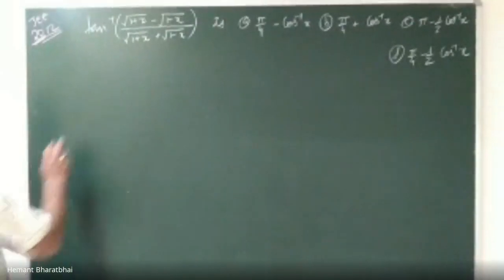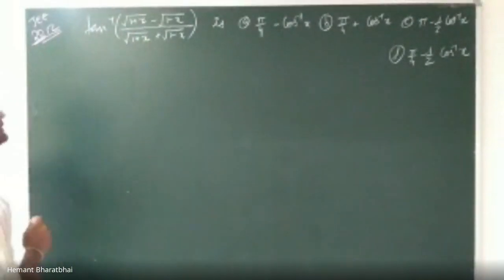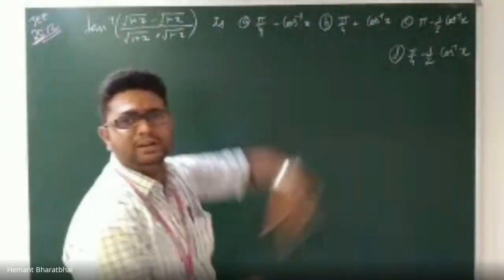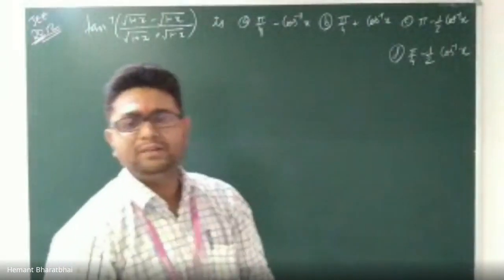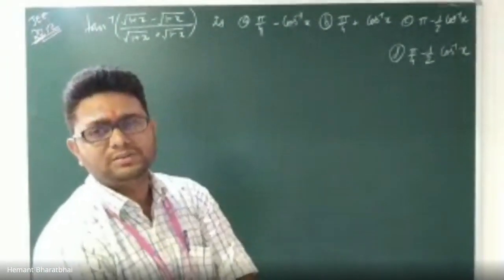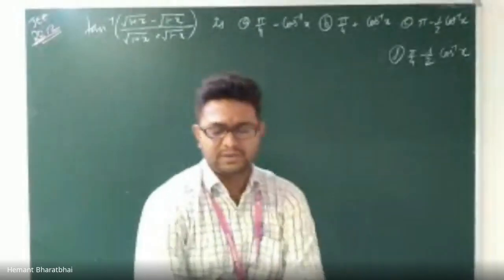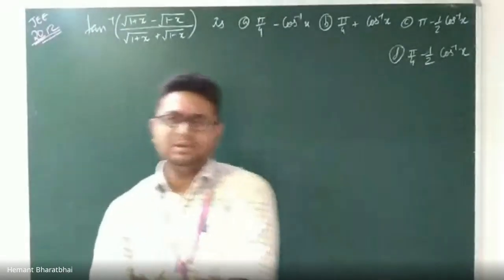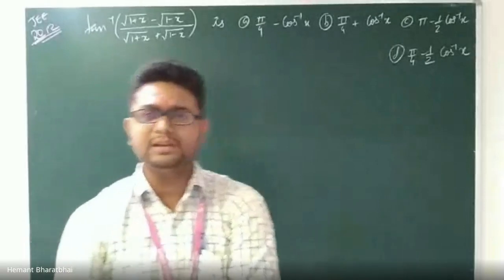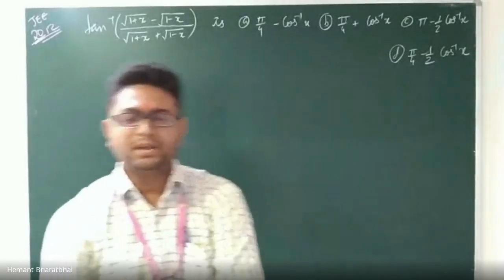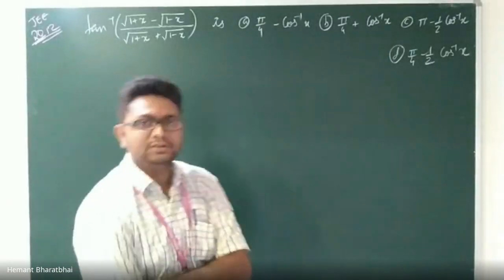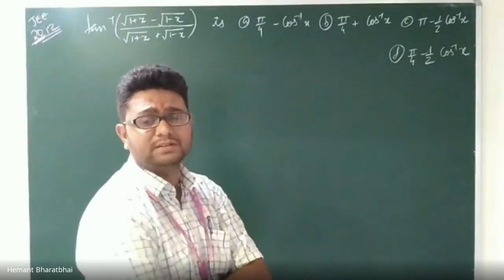Here you have 1 plus x, 1 minus x, and in the options you have cos inverse. So we have the formula: 1 plus cos 2 theta is 2 times cos square theta, and 1 minus cos 2 theta is 2 times sin square theta.